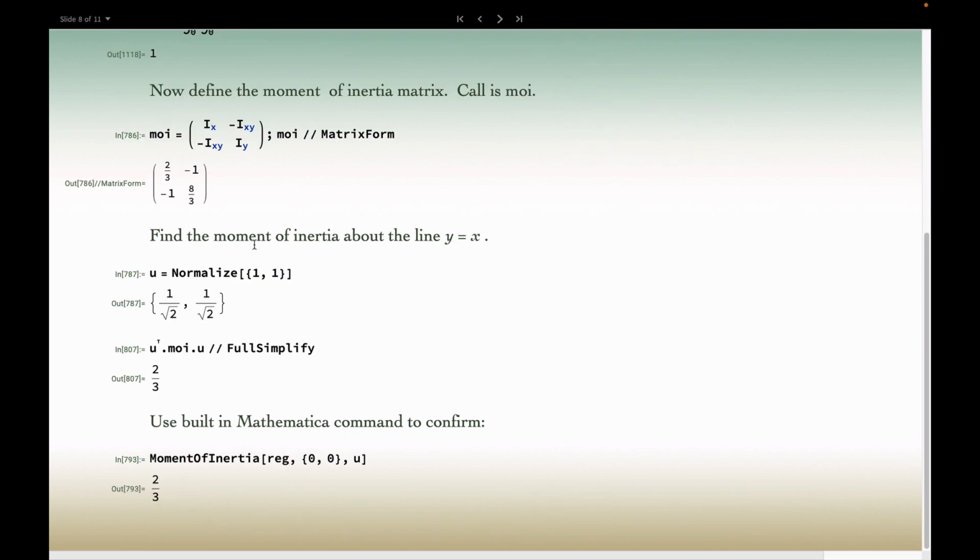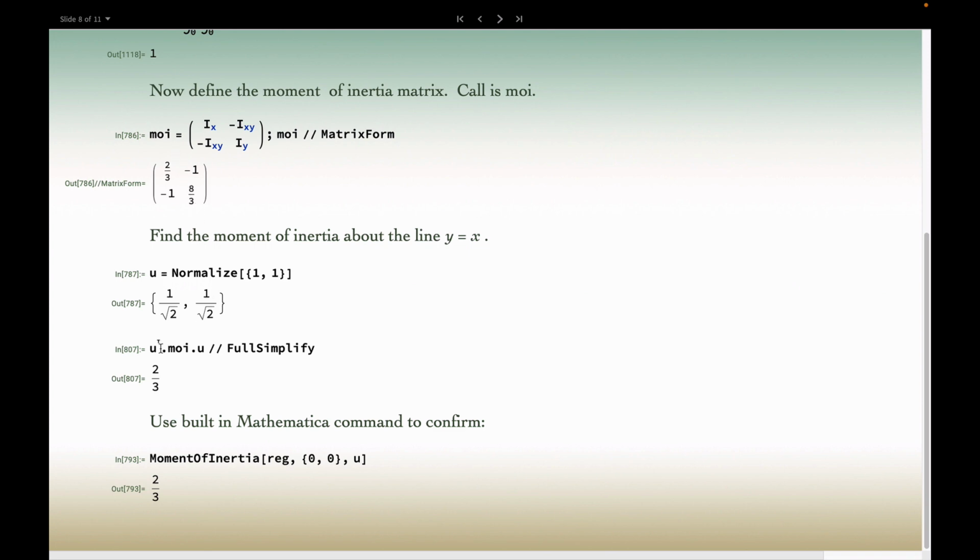Now, we would like to find the moment of inertia about the line y equal to x for our given lamina. We first create our direction vector u, which is this vector right here. Then we compute the quadratic form. Up here, we are calling our moment of inertia matrix MOI, because the uppercase I is a reserved symbol in Mathematica.